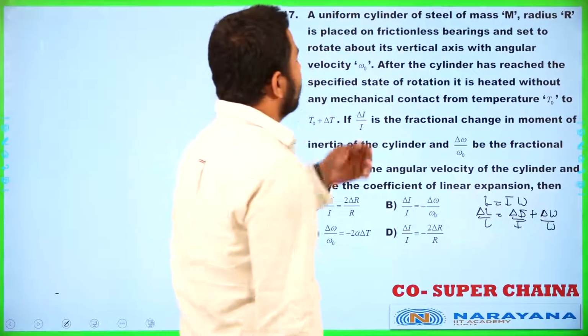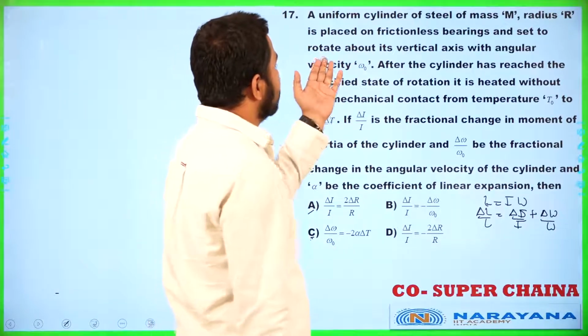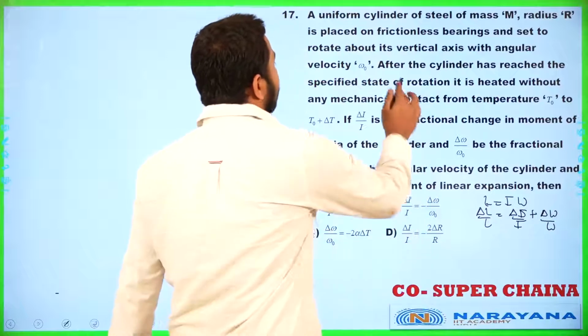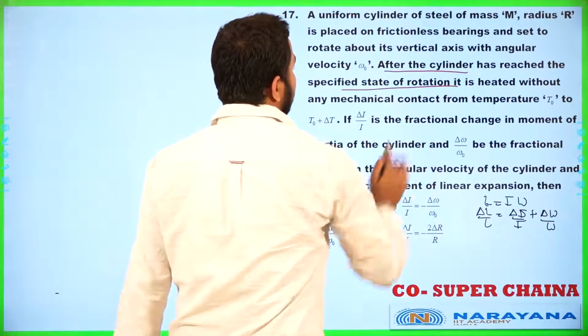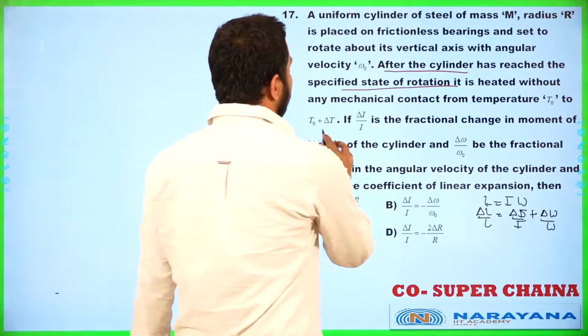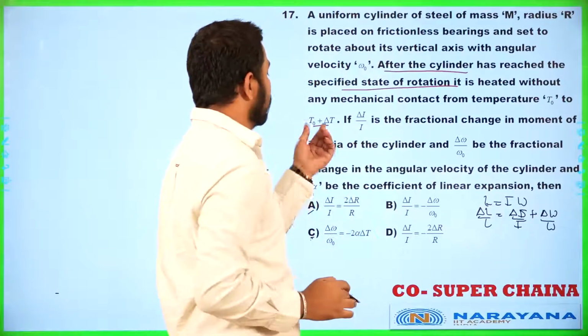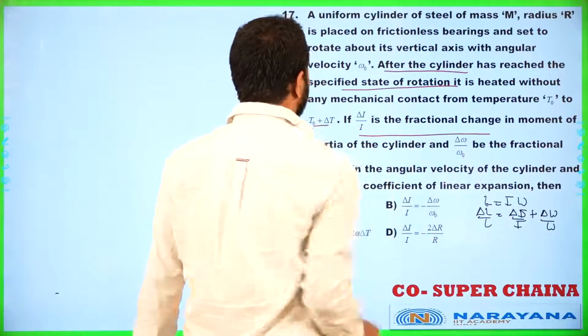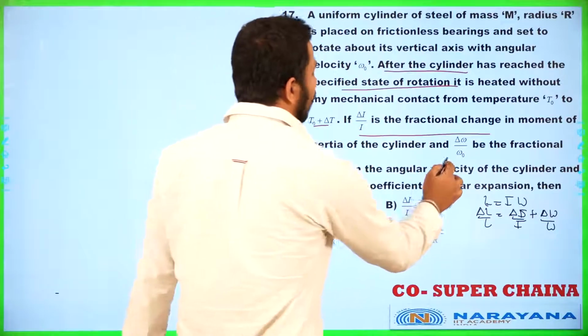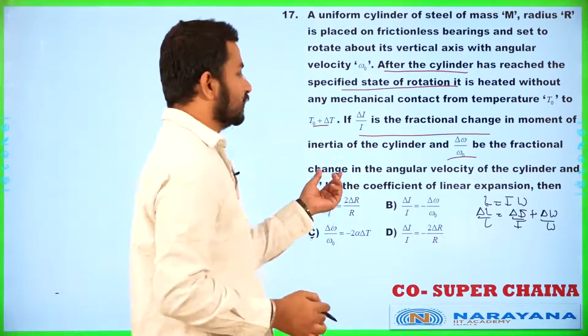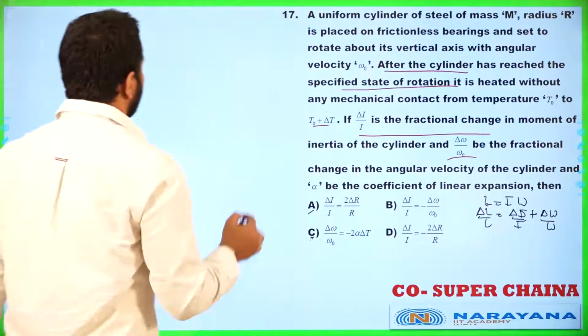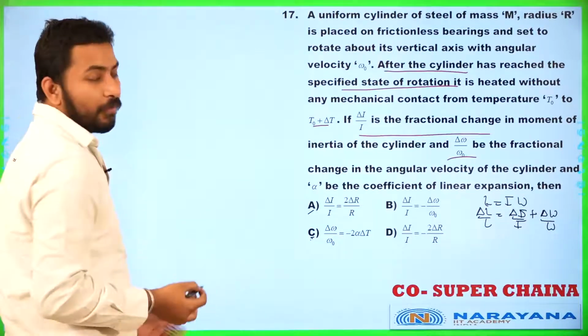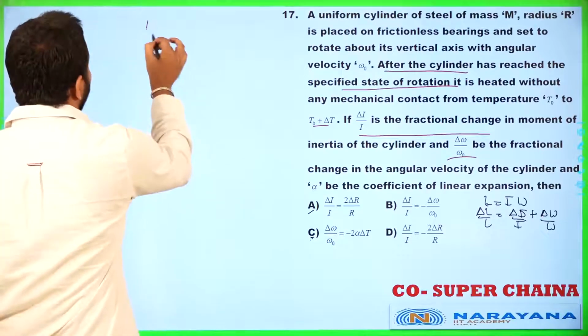A uniform cylinder of steel of mass m and radius r is placed on this. When the cylinder reaches a specified state of rotation, we get this condition: T changes from T0 to alpha T0. If delta I by I is the fractional change of the moment of inertia and delta omega by omega is the fractional change in the angular velocity, what can we write here? We know that on increasing the temperature, the angular momentum will not change.